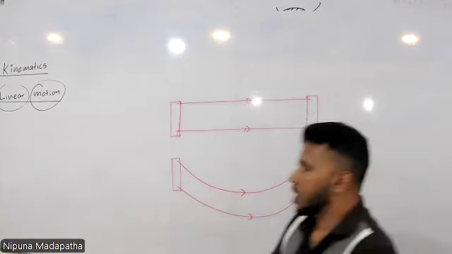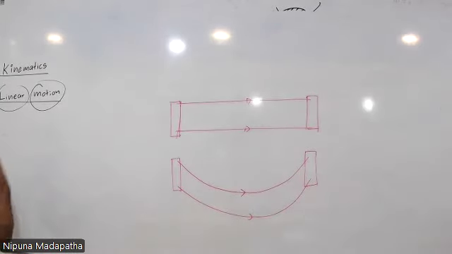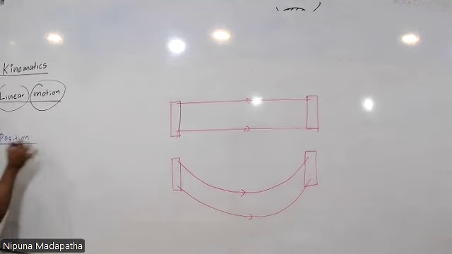When we explain the term motion, another term comes in, that is position. What does position mean? How do you explain the position of an object?